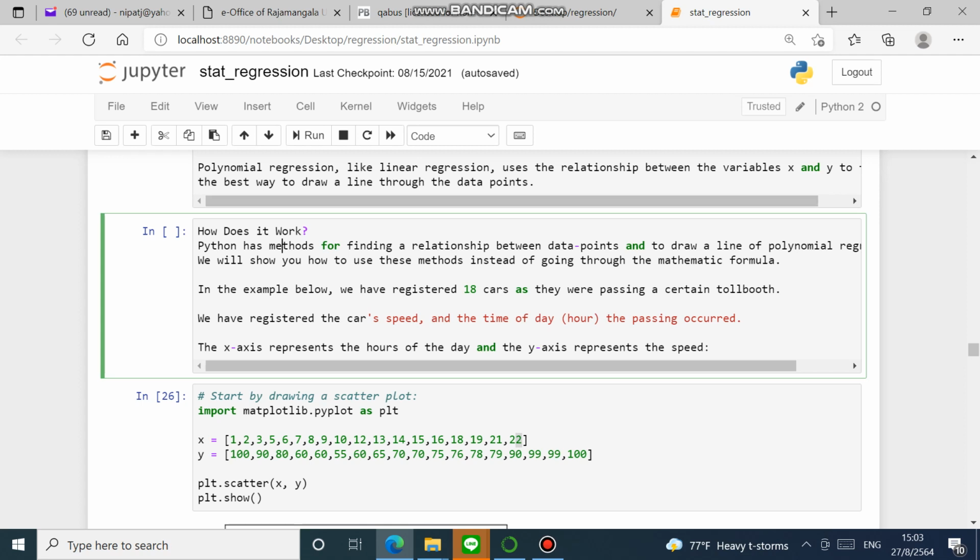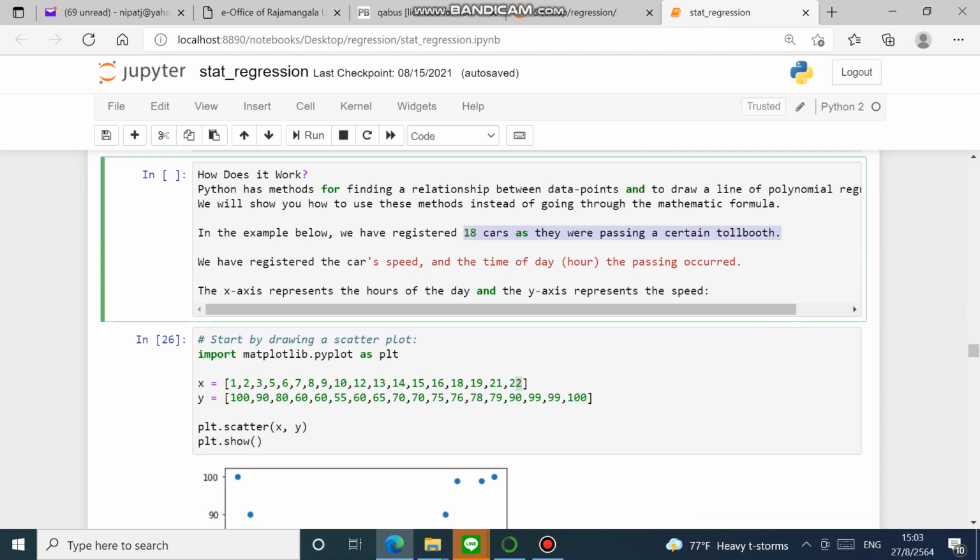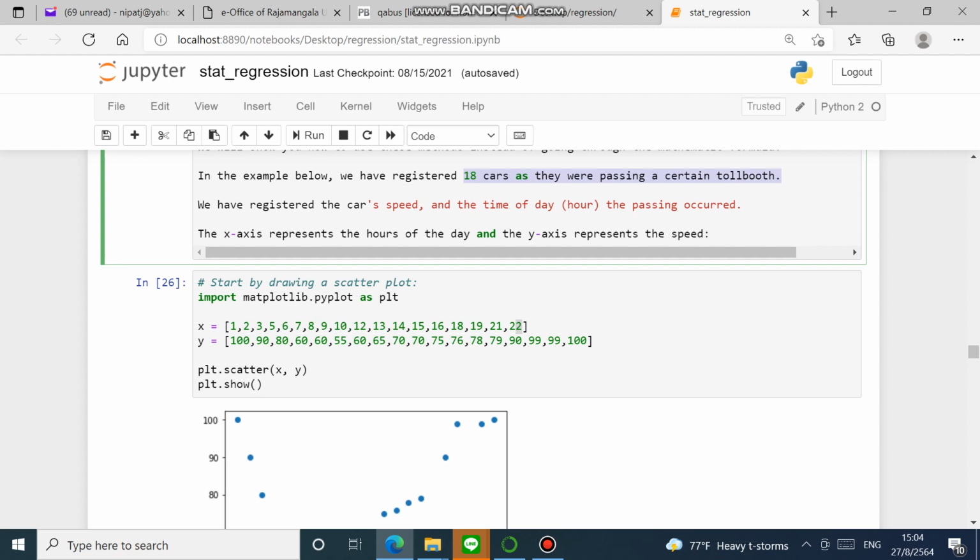We have registered 18 cars as they were passing a certain toll booth, and we have registered the car speed and the time of day in hours, starting from 1 a.m., 2, 3, 4, 5, 6 a.m., and so on. The x-axis represents the hours of the day and the y-axis represents the speed.